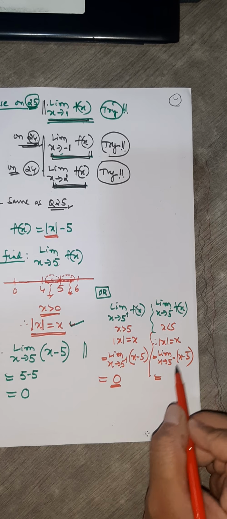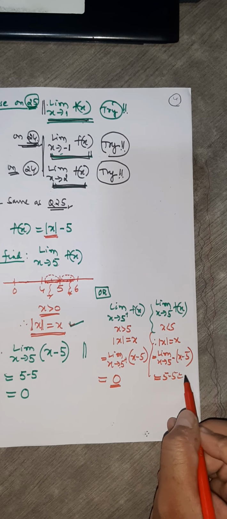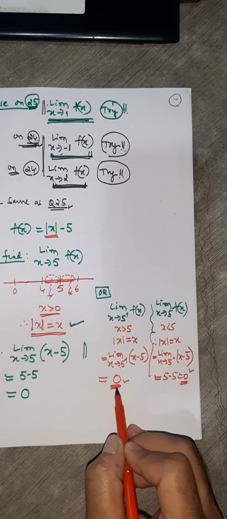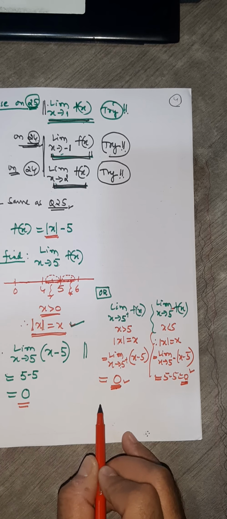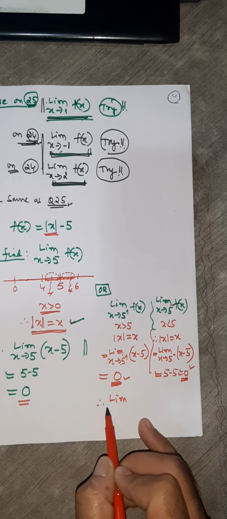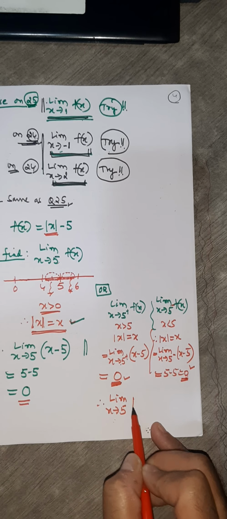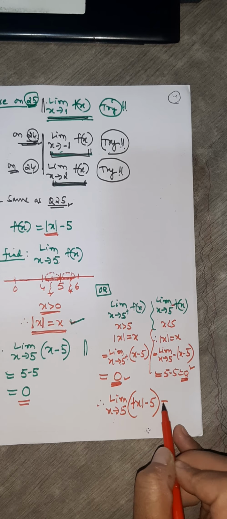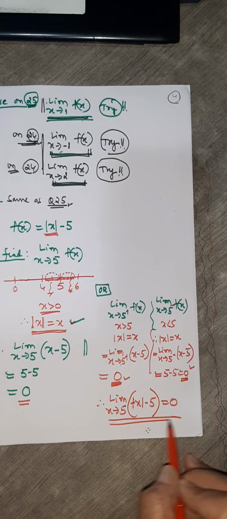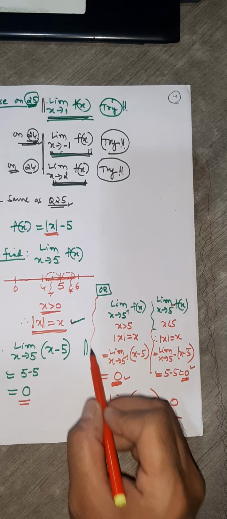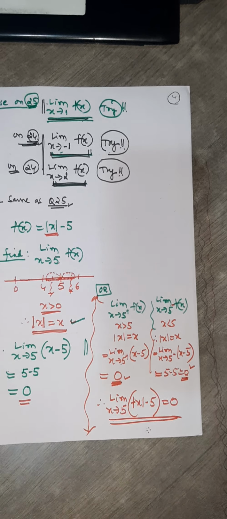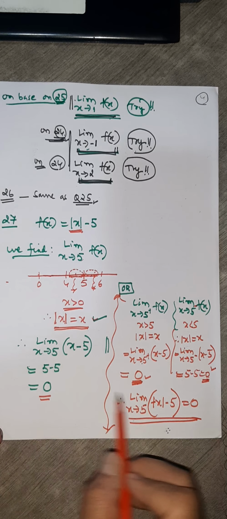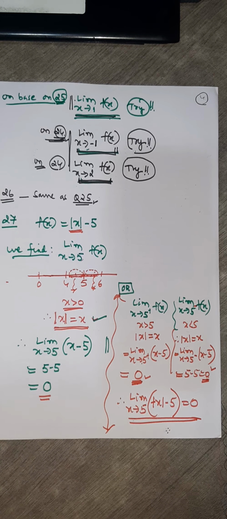You apply the limit, 5 minus 5, again 0. So you see the limit from the left and the limit from the right are both 0, and therefore the limit is 0. It's not wrong. If you had started with right and left limit, it's some extra work you did, but it was not necessary. See, this way also you could have done it. Fine, understood. I hope you have realized what I'm trying to tell you here and here.